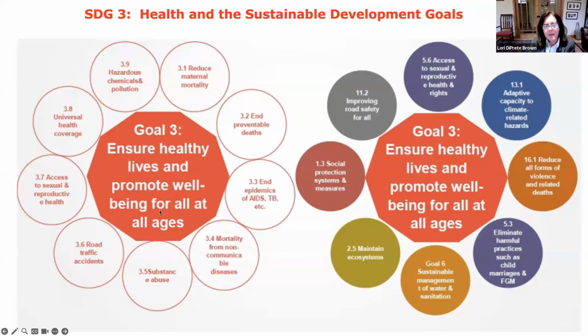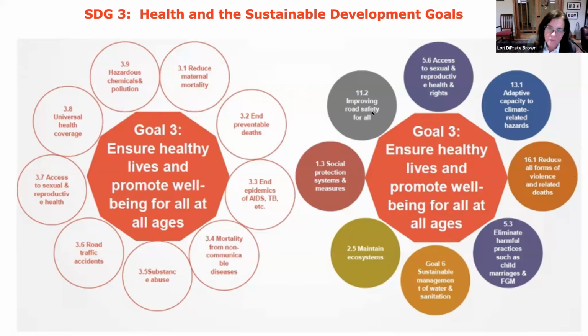So another way of, again, encircling and thinking 360 about health are these 2 graphics, again, from WHO, where they've shown us what I just shared on the left. Those are SDG 3 and the sub-goals. And on the right, SDG 3 and some of the critical other SDGs that are very important. So related to poverty, SDG 1, the social protective systems, related to cities, 11.2.